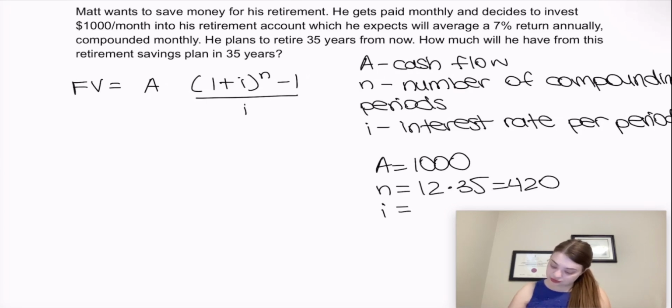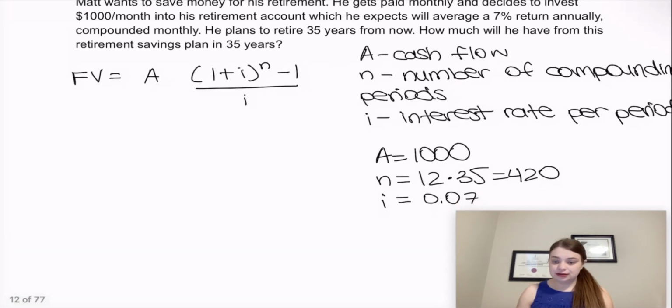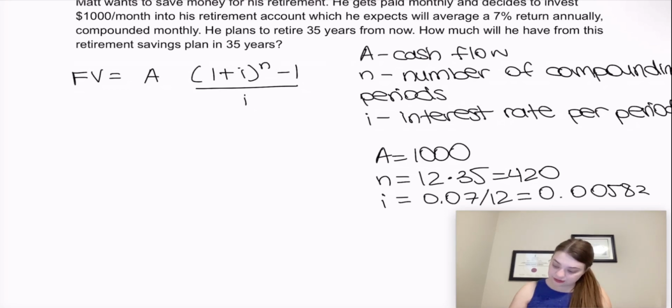And then i is the interest rate per period. The interest rate per year is 7%, so if we divide that by 12, we get the interest rate per period, which is 0.00583 repeating.